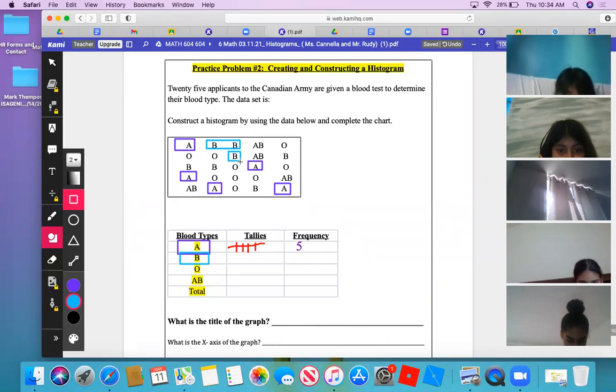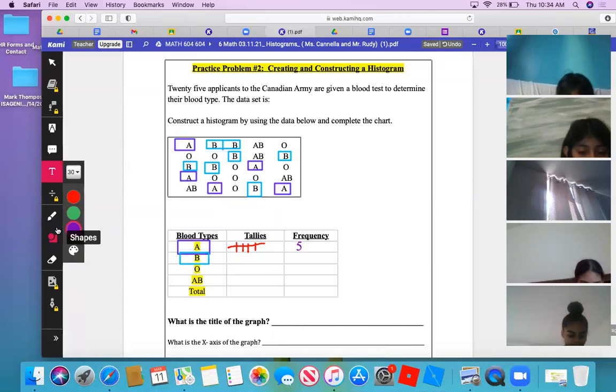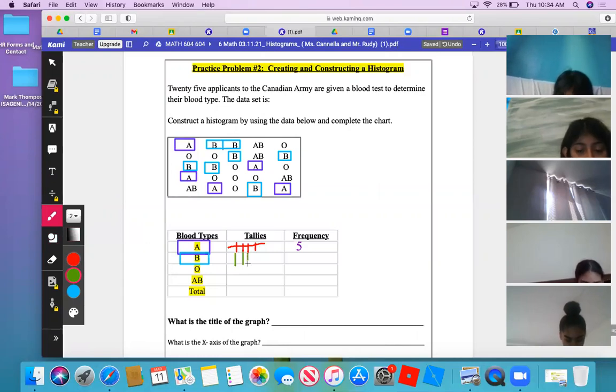No, I was right. There's 7. That one box got me. So how many bundles? One group, one bundle, and then 2. And that's going to be 7.